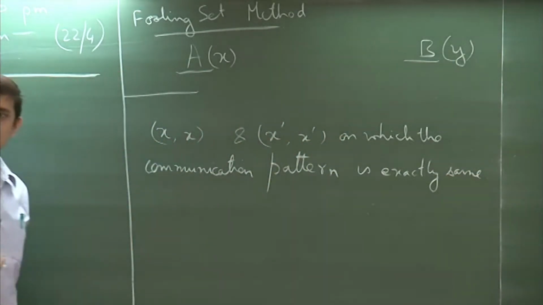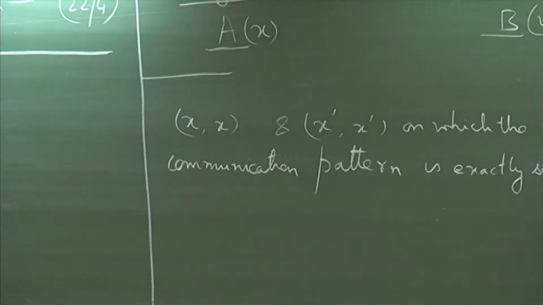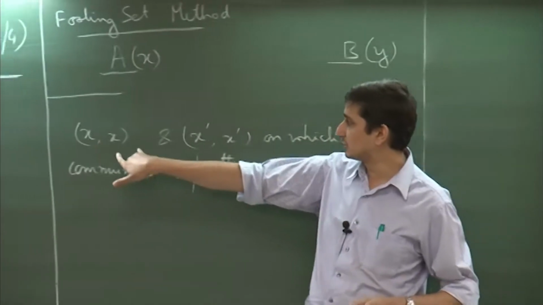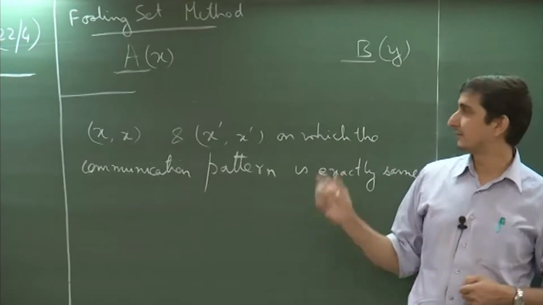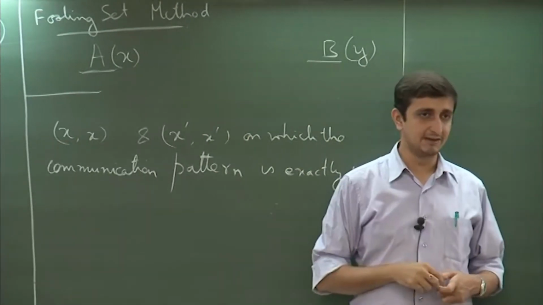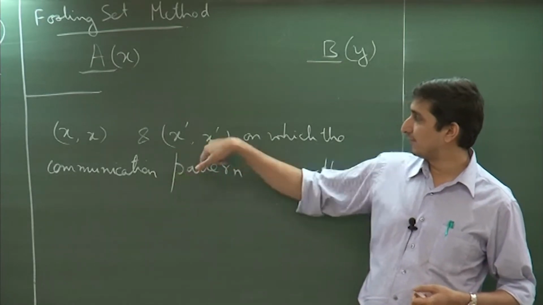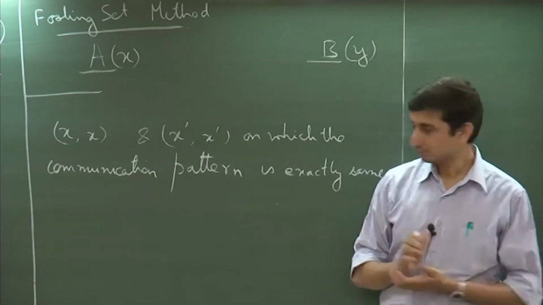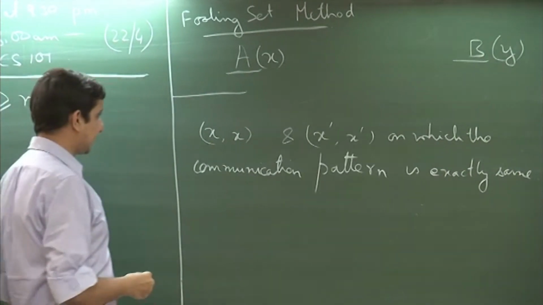Okay. So, in other words, given both these pairs of inputs respectively to Alice and Bob, the sequence of bits that they communicate between them is basically the same. So, even on x comma x, if the first bit that Alice communicates to Bob is B1, the second bit which Bob communicates to Alice is B2 and so on, then on the input x prime comma x prime also that same sequence is communicated between these two persons.